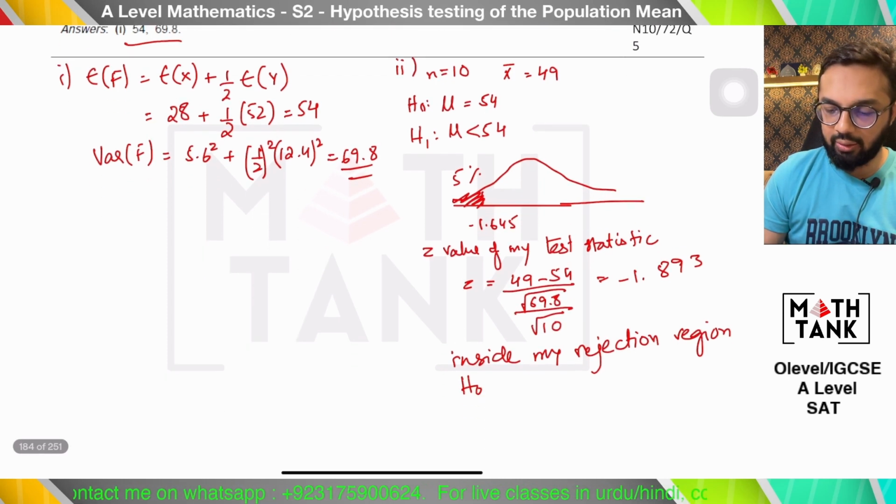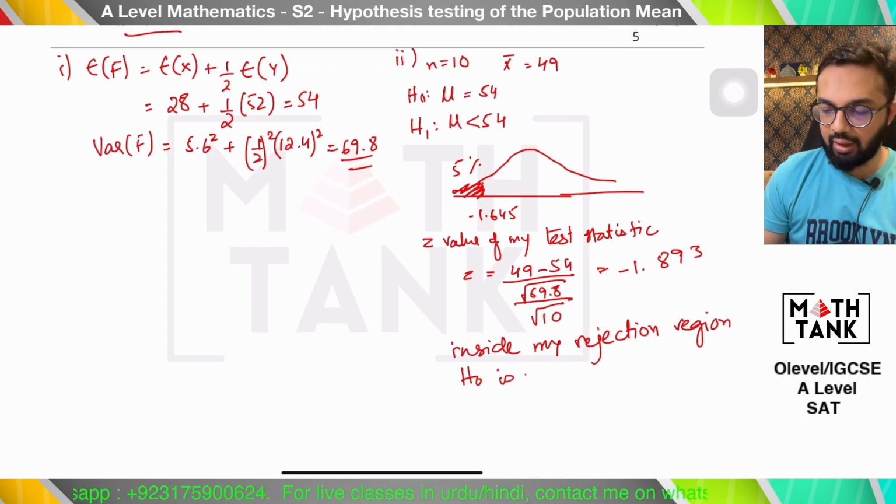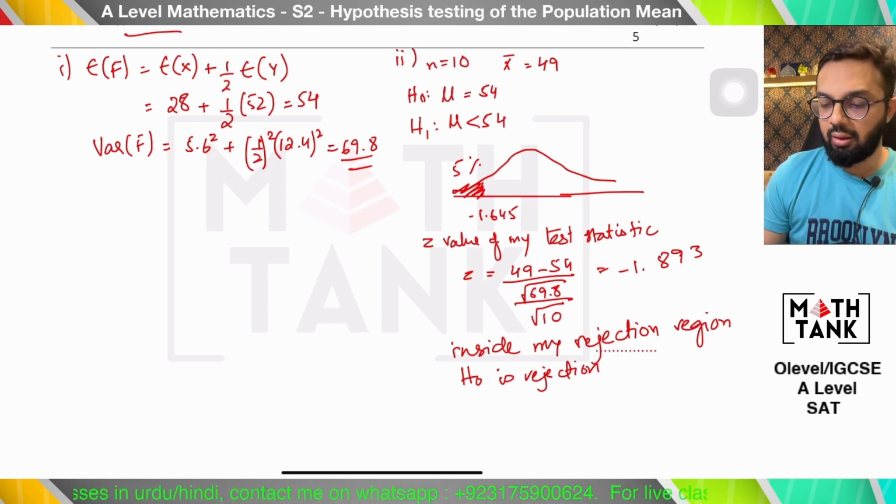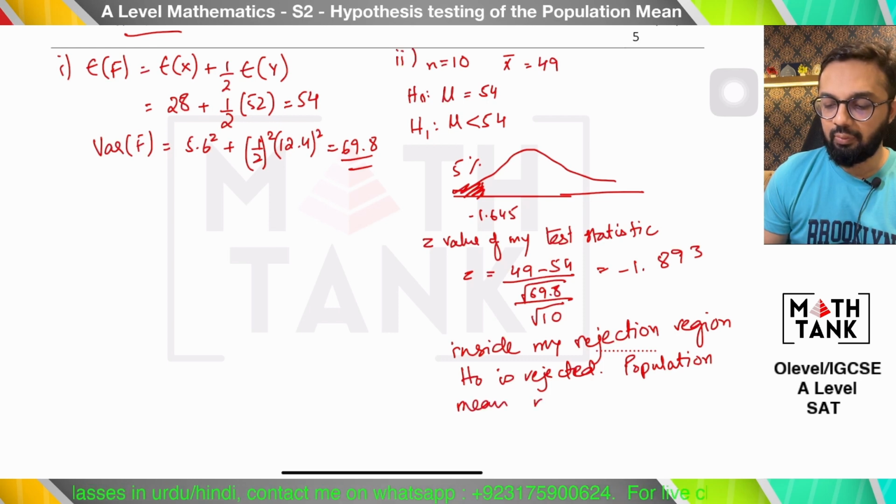So H naught is rejected, which means that the population mean might have decreased.